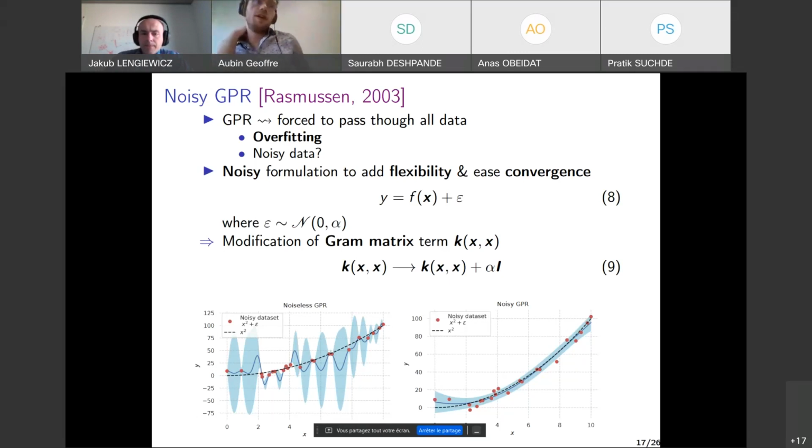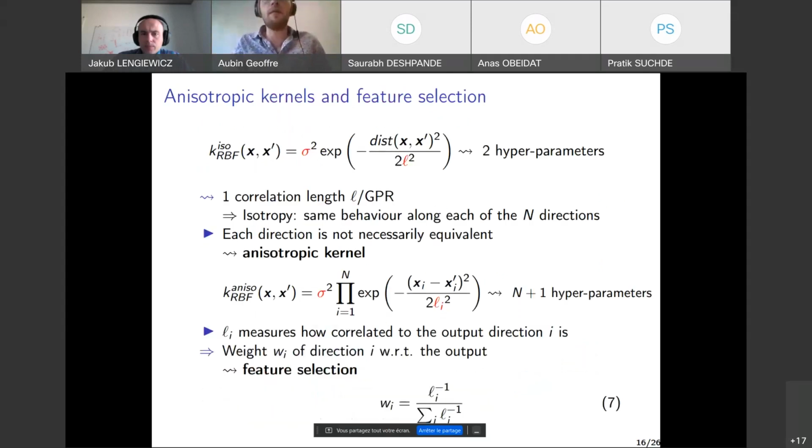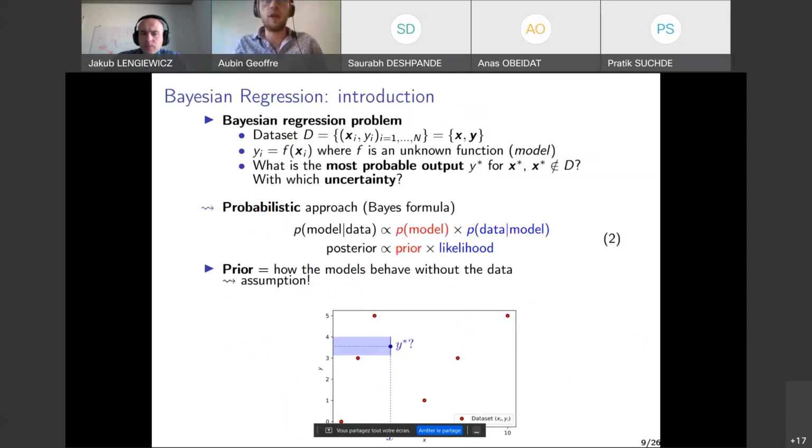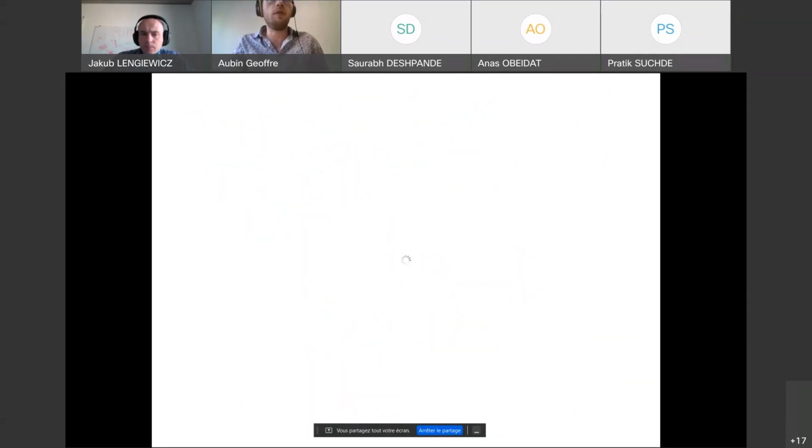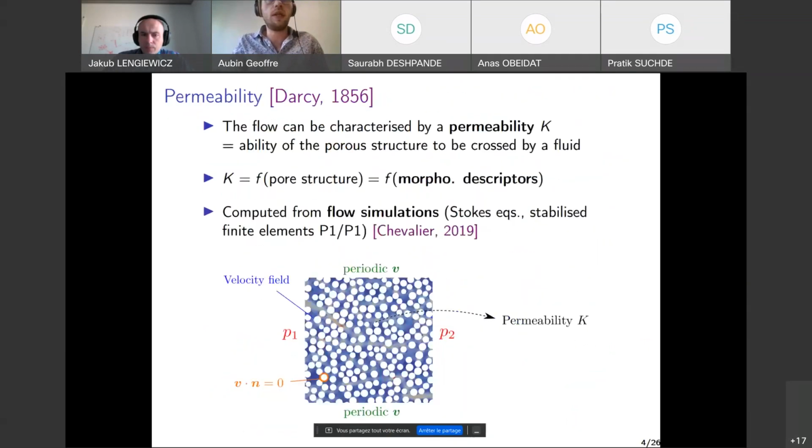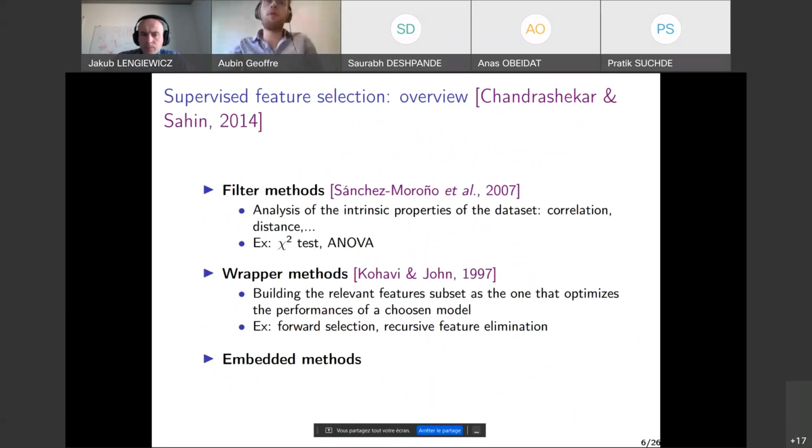Actually, you will have the same problem because your gram matrix will increase and it will be more difficult to invert it. When, let's say, thousands of features are considered, those embedded methods are not really used. The feature methods are preferred because you basically don't have any training models to use, so it's basically using the correlation.